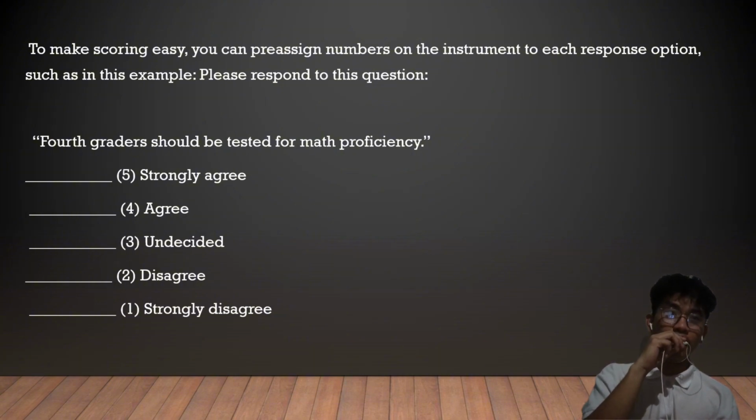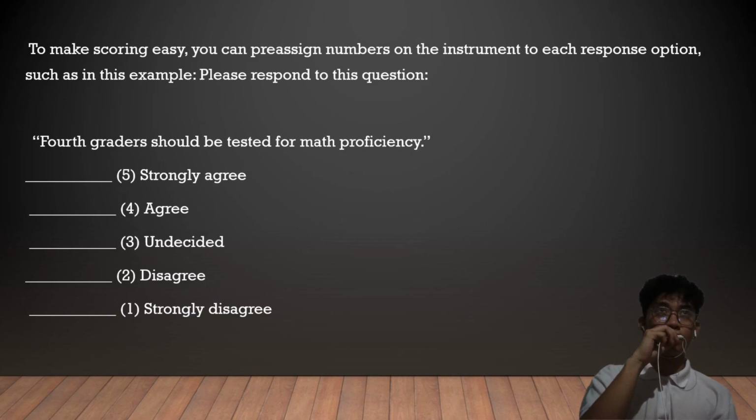Here you can see that the numbers are already pre-assigned and you know how to score each response. Sometimes you can have participants fill in circles for responses on bubble sheets, such as those used to aid in scoring when evaluating teachers in college classrooms. I think this is the more accurate way because it's easy to understand compared to the first example.